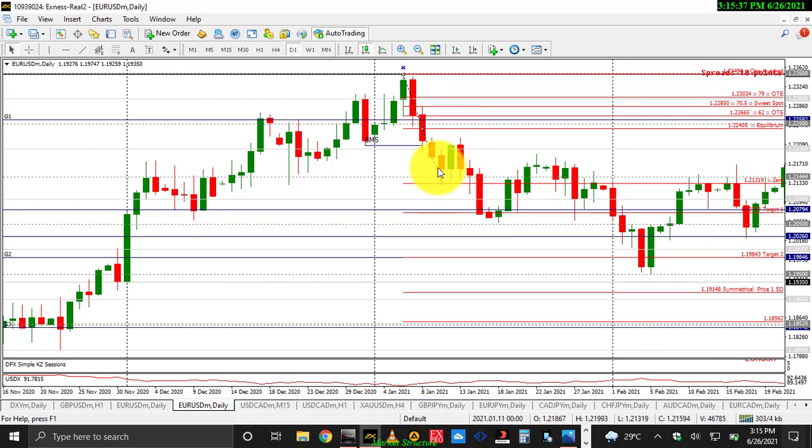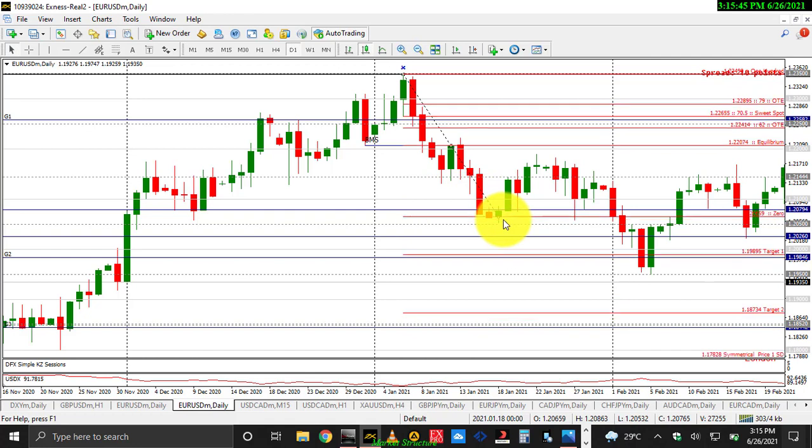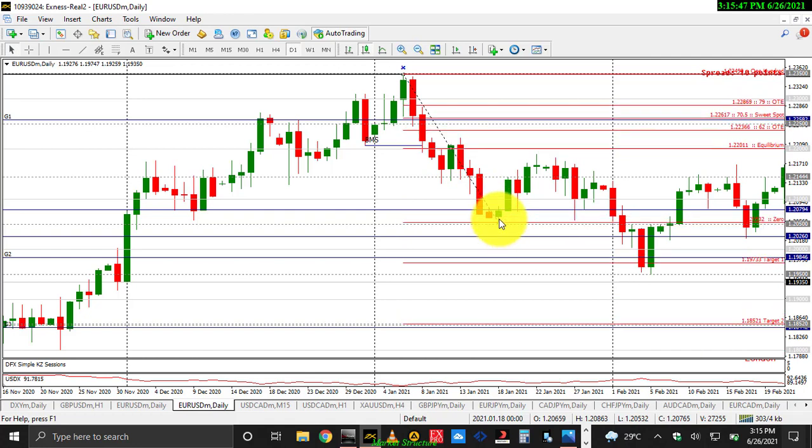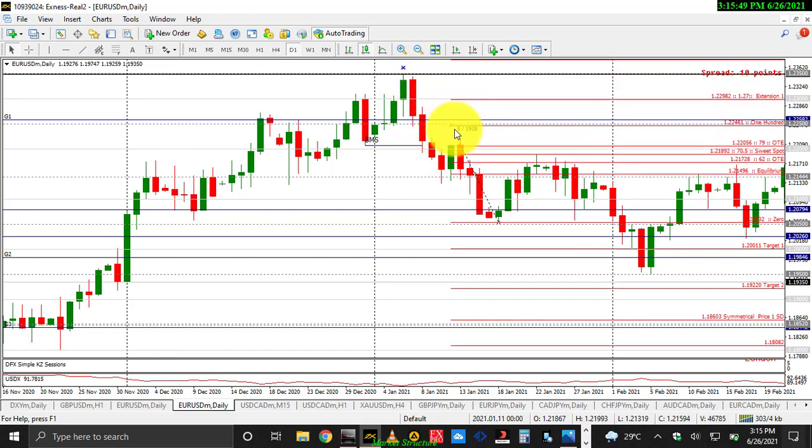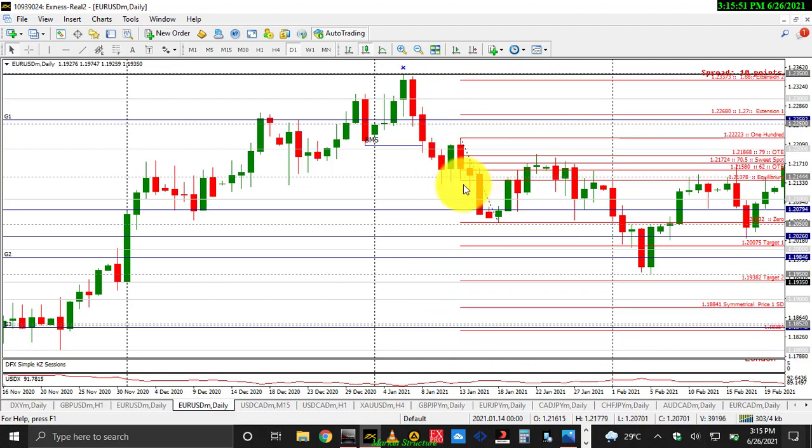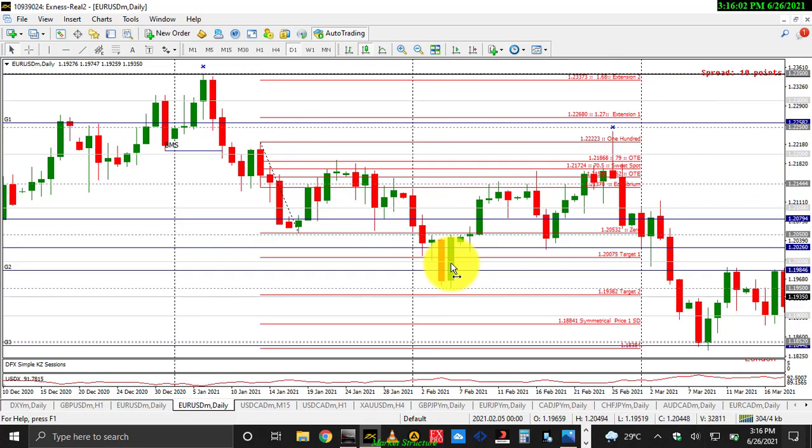Now anytime we break this significant low, anytime price rallies up, it shouldn't go above this high, because we're in a bearish market structure. That confirms the bearishness of the market that we are trading.